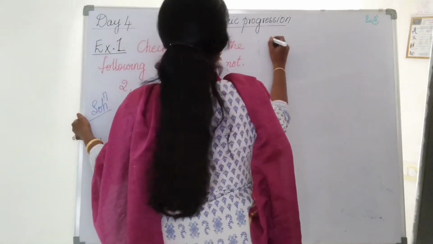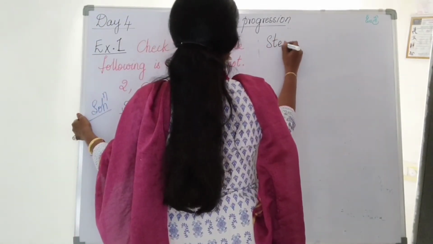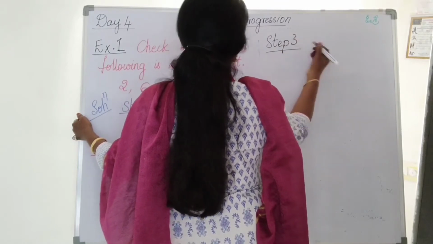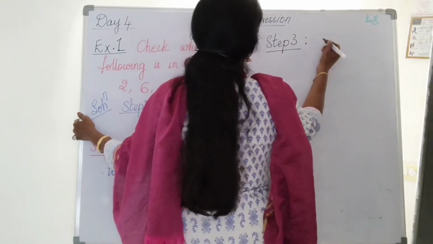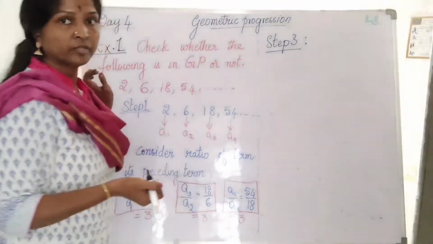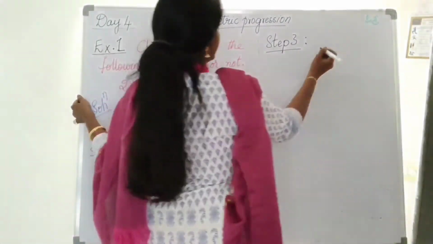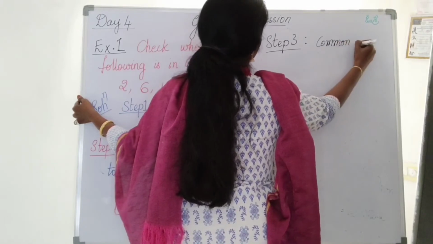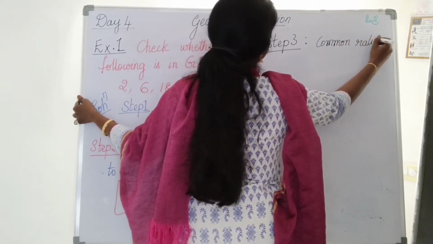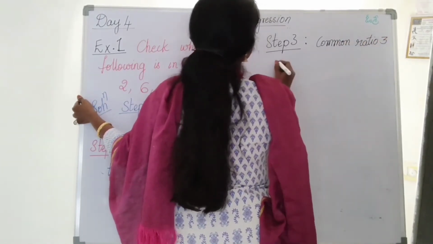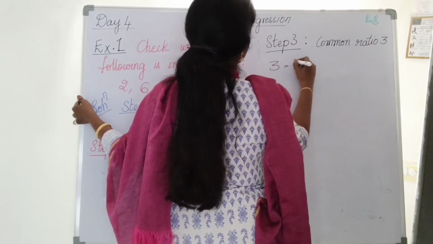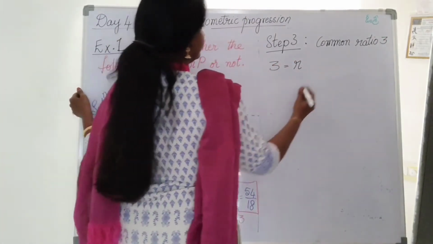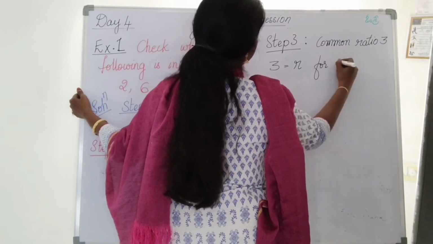So in step 3, what did you get? Common ratio. What is a common ratio? You got it as 3. So 3 is considered here as small r for the given list.